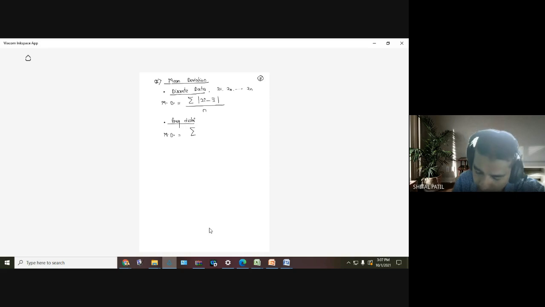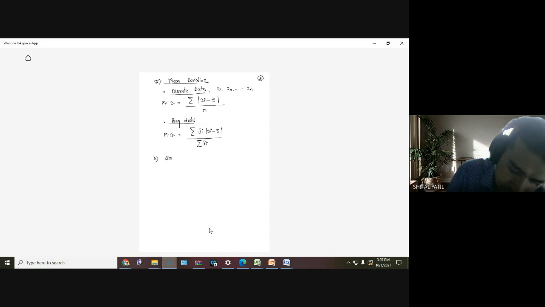Summation of. अच्छा, can anyone decide what the denominator will be? Number of observations. What is the number of observations in case of frequency distribution? Summation of fi. Okay. Now what will be there in the numerator? fi, modulus of xi minus x bar. Very simple.